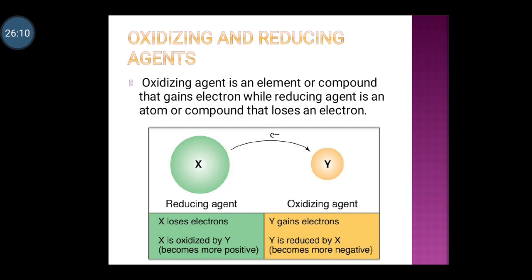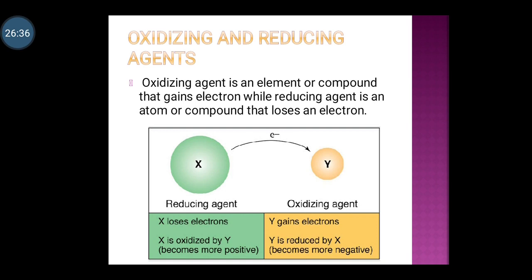Okay, so what then is an oxidizing agent? An oxidizing agent is an element or compound that gains electrons. So that element that is always willing to collect is an oxidizing agent. Take note. It gains electrons.